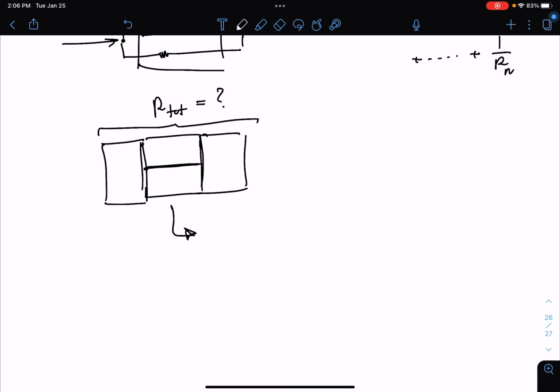So parallel in the middle, and the rest of it is series. Is this true? Do we all agree that this is true? Yes.